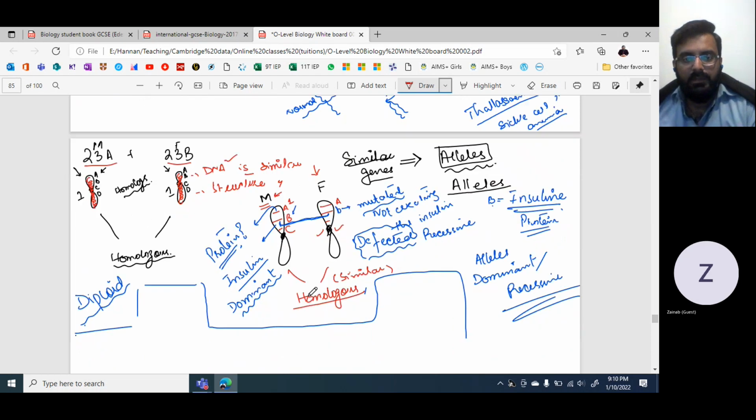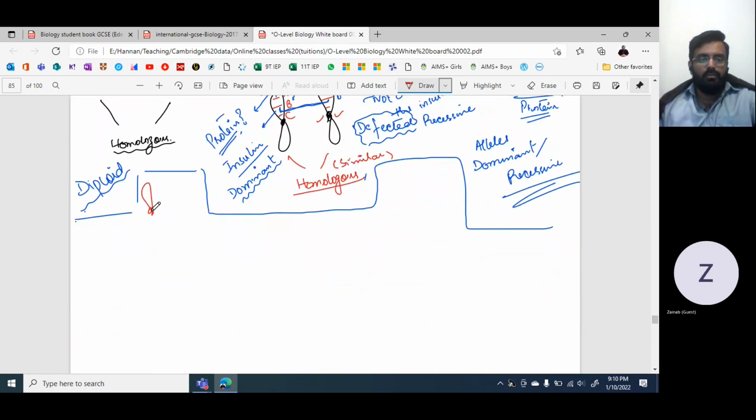Let me continue this concept. You have two chromosomes, one of this size and one of this size. This is the 23A set and this is the 23B set, right? So this is chromosome number 1 and this is chromosome number 2. If you have gene A on chromosome 1, then it would never happen that chromosome 2 would also have gene A. No, it might have gene Z placed on the first position.